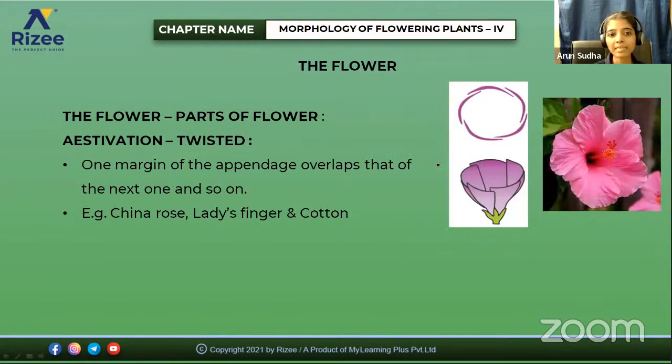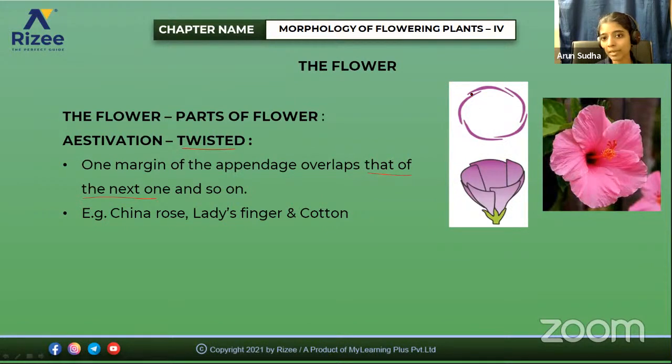Then next is the twisted estivation. What do you mean by twisted estivation? One margin of the appendage overlaps that of the next one. If you see the hibiscus, you can see clearly that one petal is above the other petal. This type of estivation is called the twisted estivation. When you're drawing, you have to be specific.